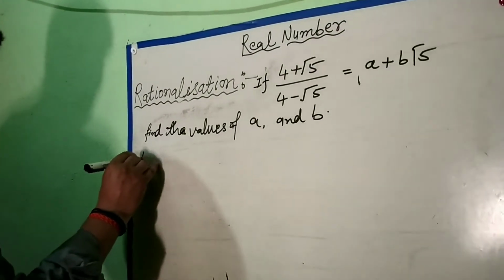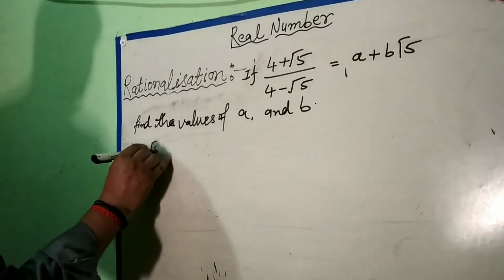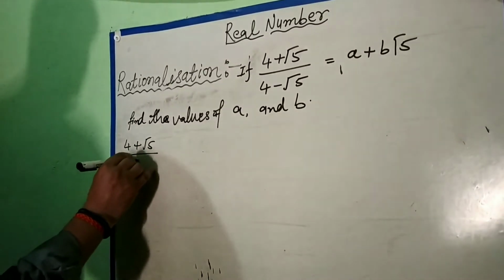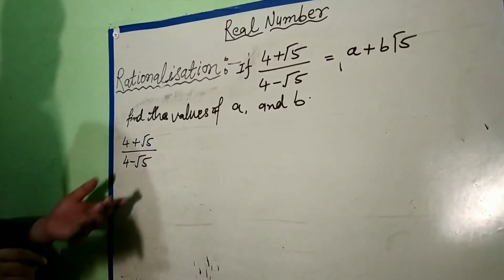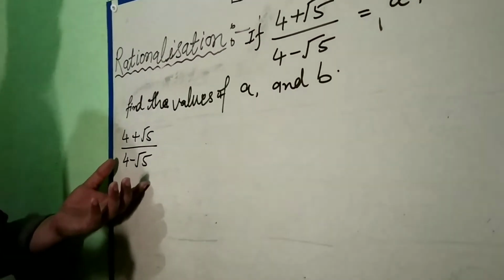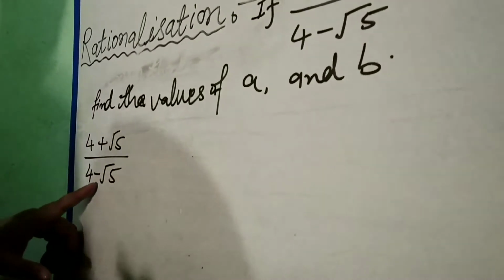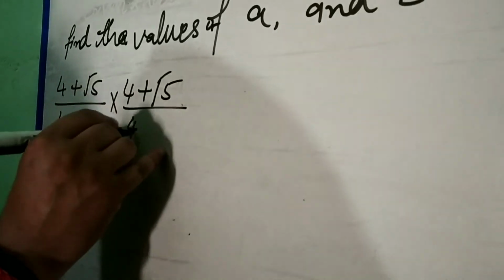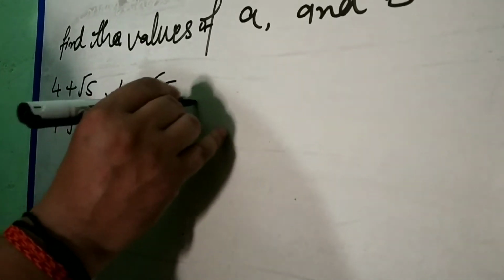So take 4 plus root 5 upon 4 minus root 5. Its RF, I think most of you know that. The RF will be the same number with opposite sign, 4 plus root 5 upon 4 plus root 5.